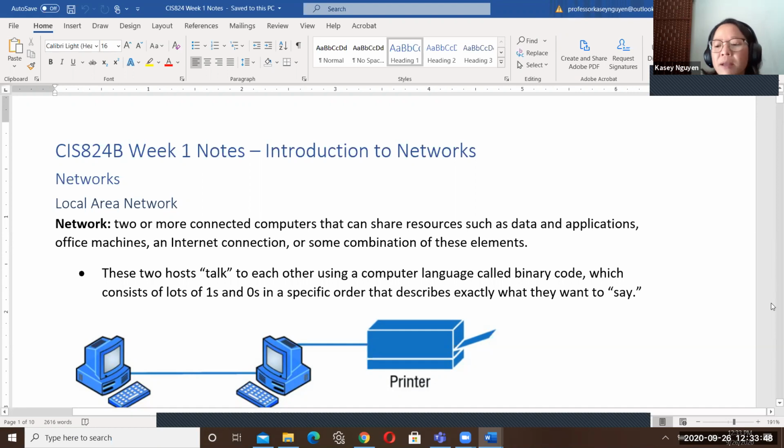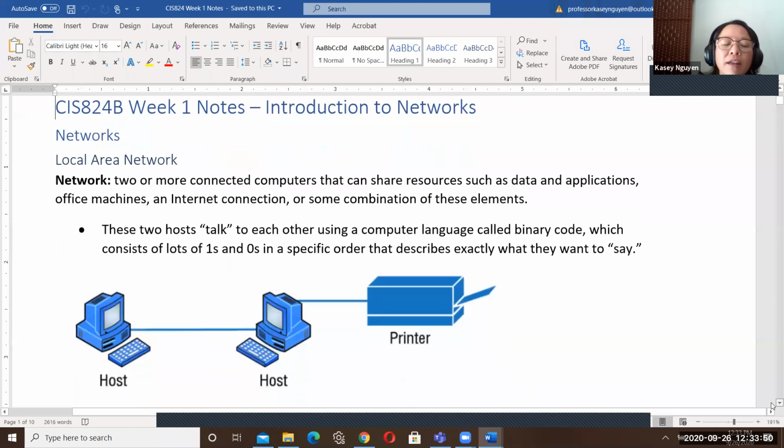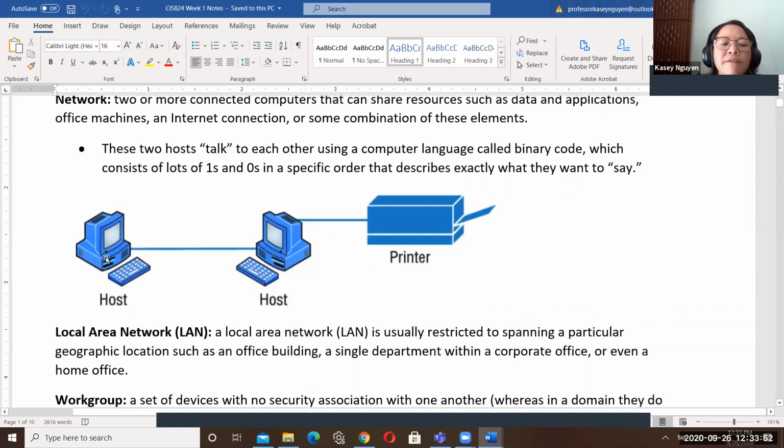Okay, so in the picture here, this is what you would see legacy, meaning back in the day, where you would have a computer connecting with another computer to print. Now at home, you might have this.